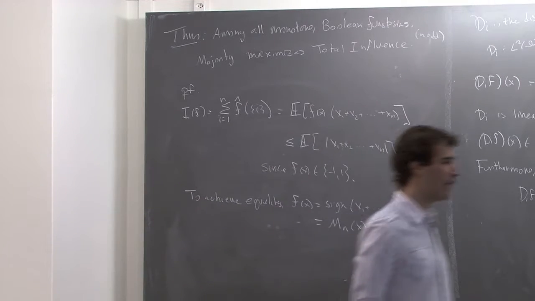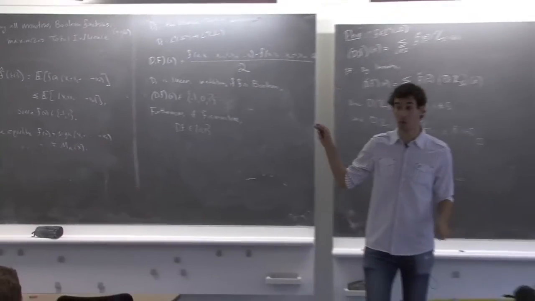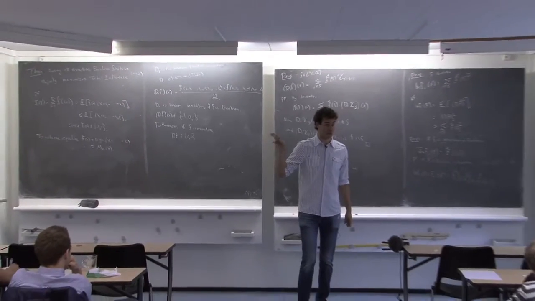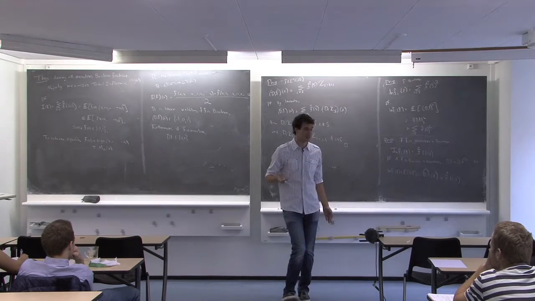But this is actually a very meaningful theorem because of the following fact. We can exactly compute the influence of the majority because we actually already computed the first Fourier coefficient of majority, right?